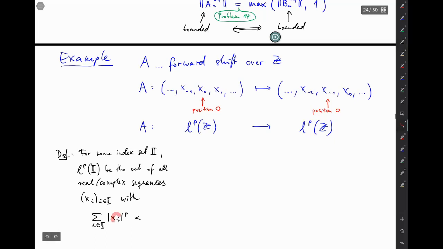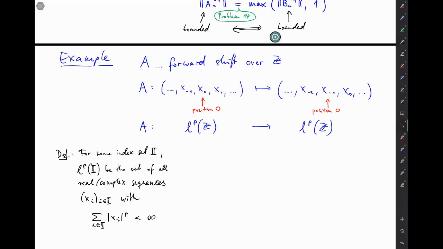So you take all your data and modulus signs, then pth powers, then add up. Here you can see why we say that the index set I shall be countable, so we can write a summation sign, not an integral sign here. Okay, and then that result be finite.